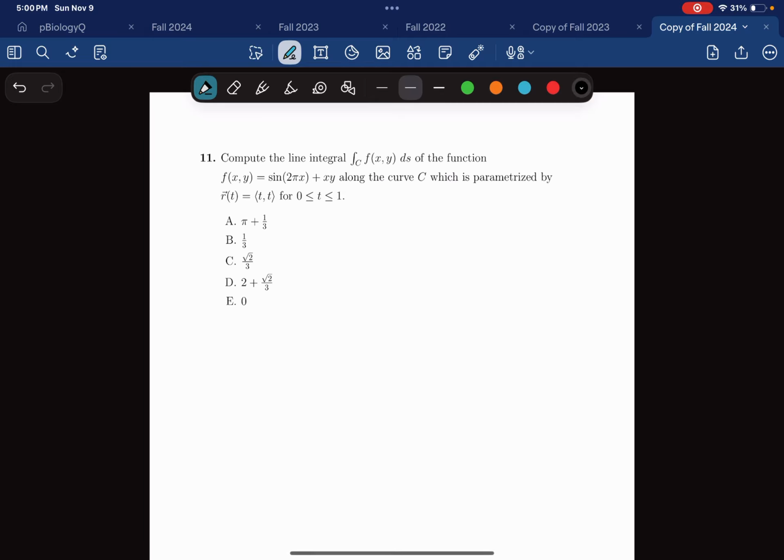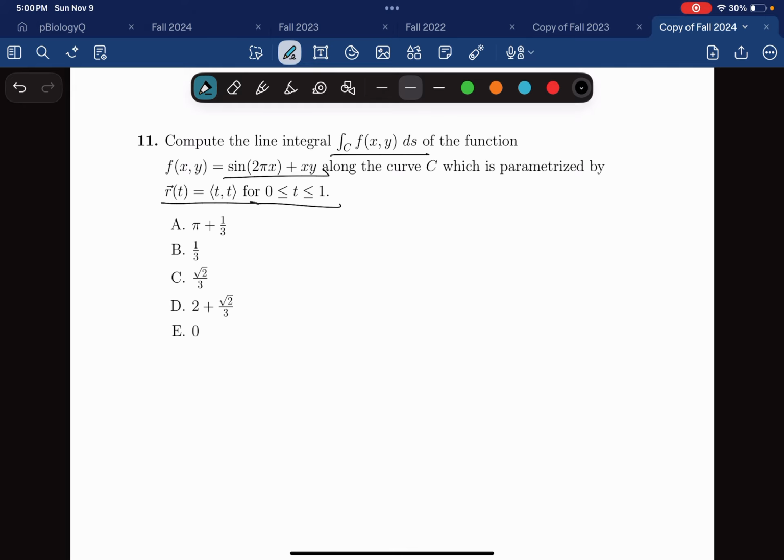Okay, compute this line integral of the function sine of 2 pi x plus xy along this curve that is parameterized, and they gave us the bounds. Wow, they're so nice. So let's first find r prime, which is 1 and 1.